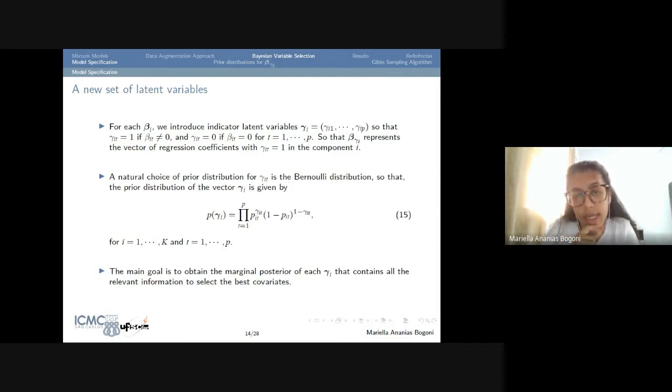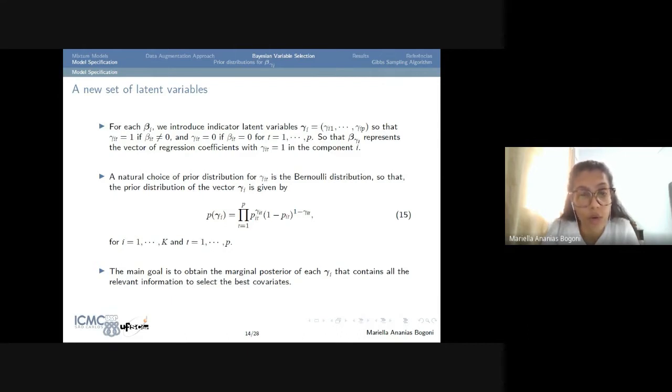So considering that each gamma it is an indicator variable, we can assign the Bernoulli distribution as a prior distribution. And if we consider independence among them, we obtain equation 15 as prior distribution.